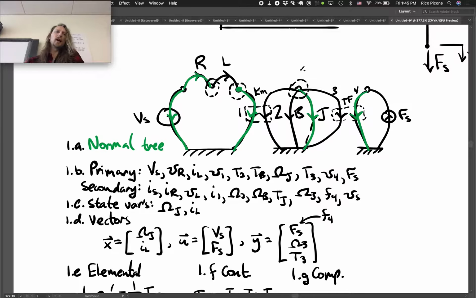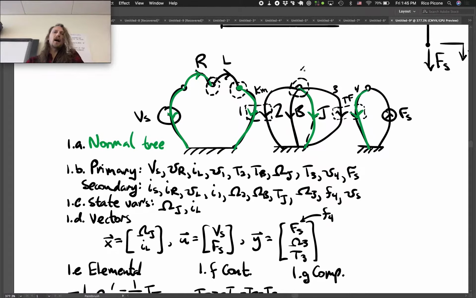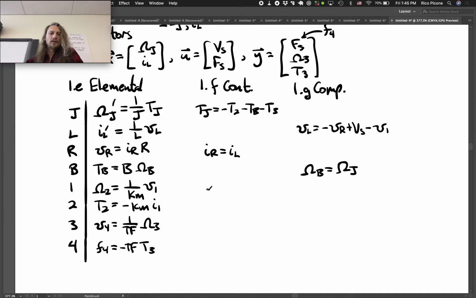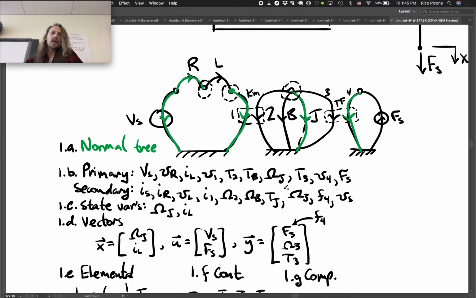So IL is going in, so we have I1 equals IL, which is a continuity equation. For the 2 equation, it's a link, so we put it in this loop with J here, which just says that omega 2 equals omega J.